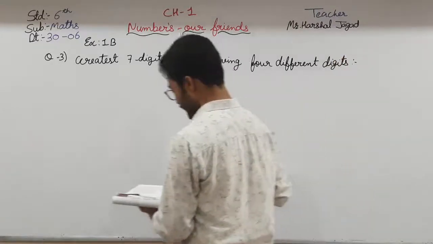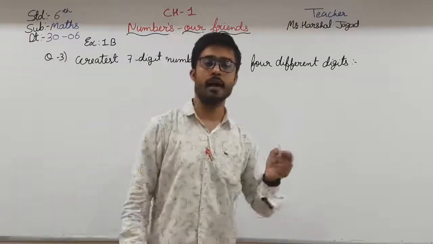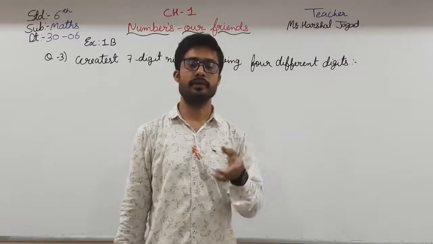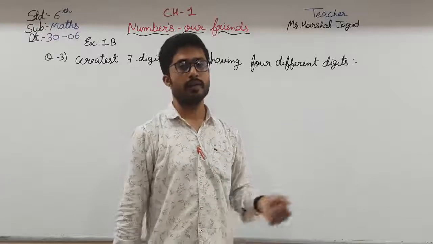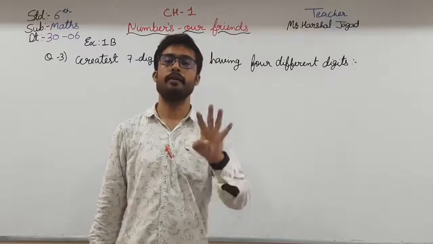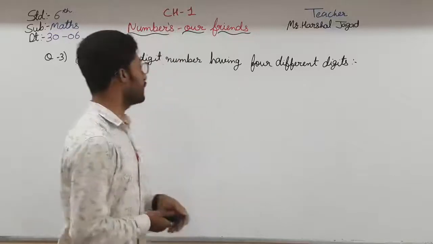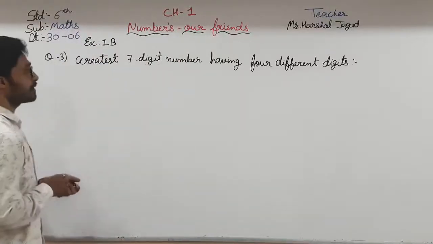So here we have to do according to example number 10. There it was: find the smallest 6-digit number ending with 9 and having 4 different digits. So in that way, here it is the largest number with 4 different digits. First of all, you should know which is the largest 7-digit number.